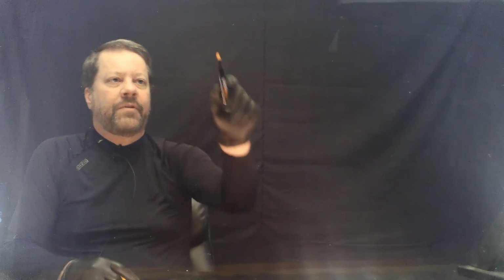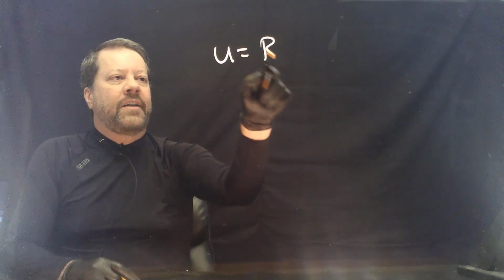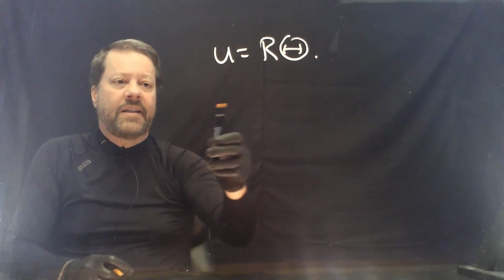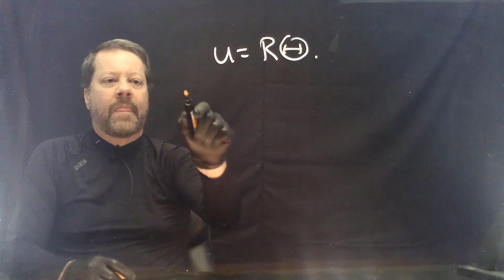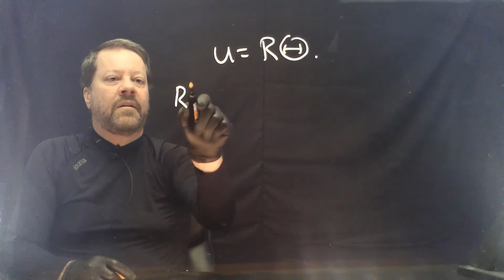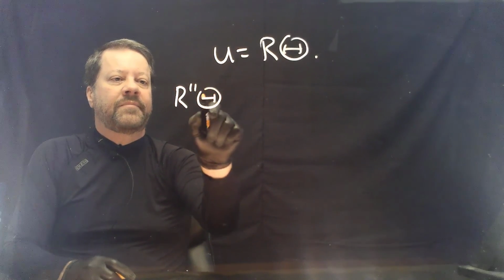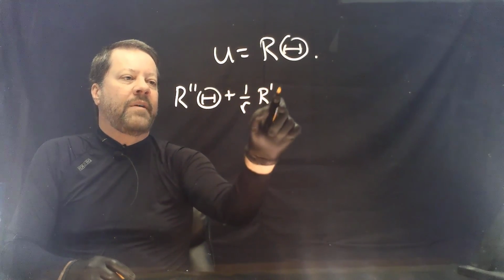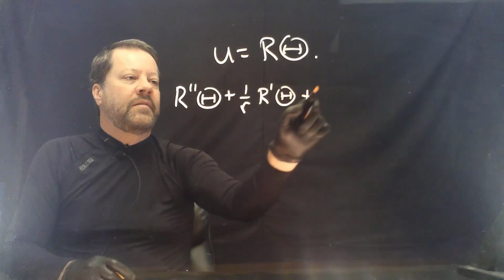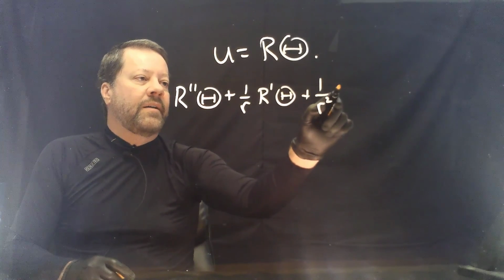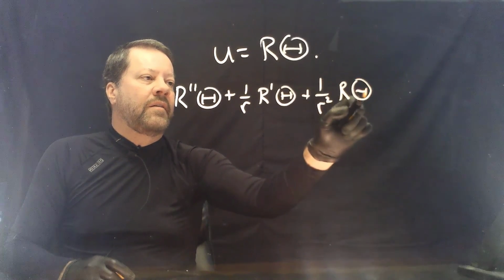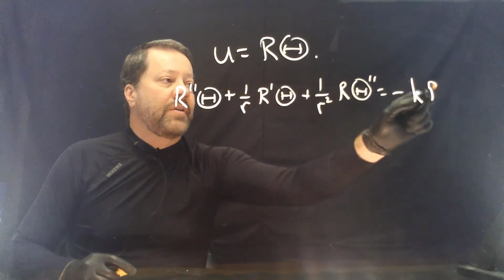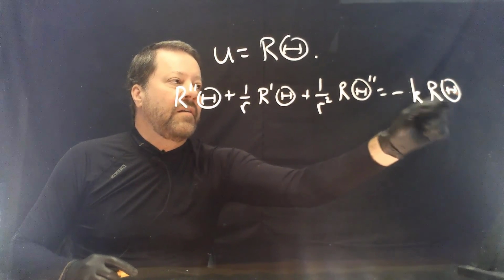We will assume, of course, that u is R times some Theta, and plugging this into our differential equation, we'll have R prime prime Theta plus 1 over r R prime Theta plus 1 over r squared R Theta prime prime equals minus k times R Theta.